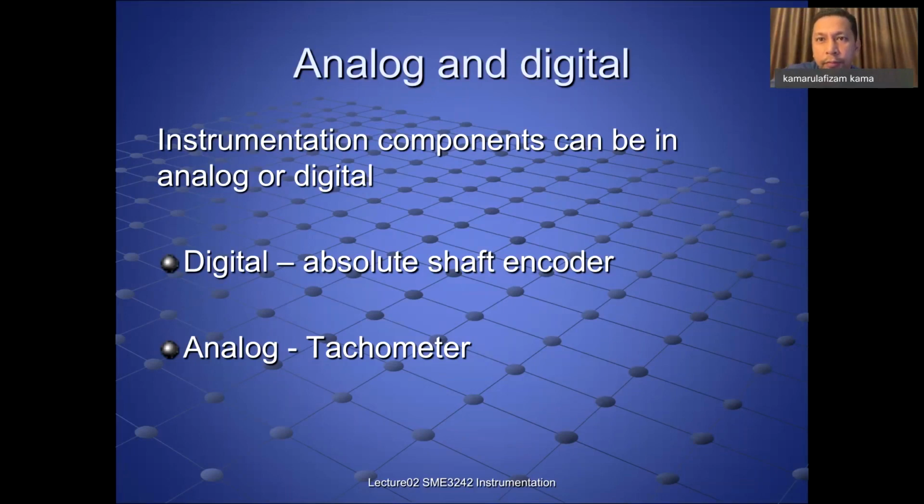When you speak about analog systems, analog sensors and analog actuators, you are talking about a wide variety of voltage range, depending on the operational voltage of that system. For example, if the operational voltage is 5 volts, the analog signal will span from 0 to 5 volts.